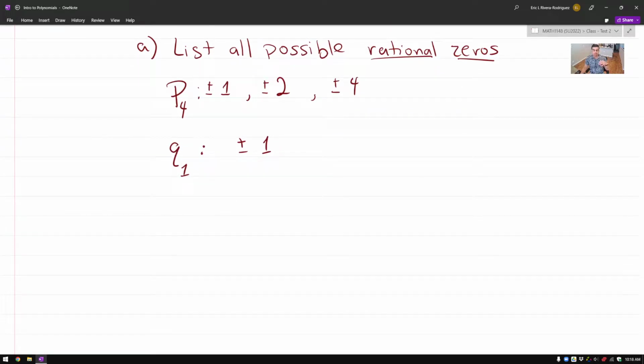Okay, but now let's create the list. The list is going to be created in the following way. Again, P and Q are just a representation of these sets of numbers. Okay, we have sets of numbers there, and they are a representation. Now, let's create the list of possible rational zeros.